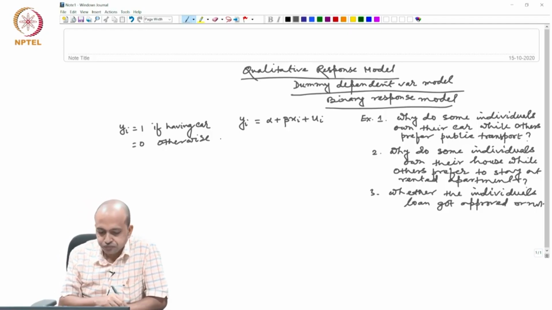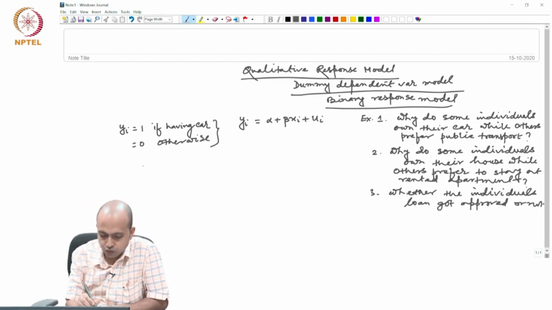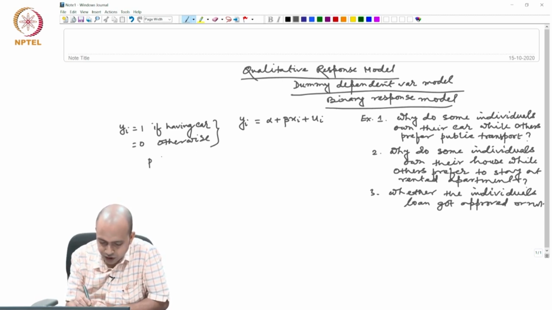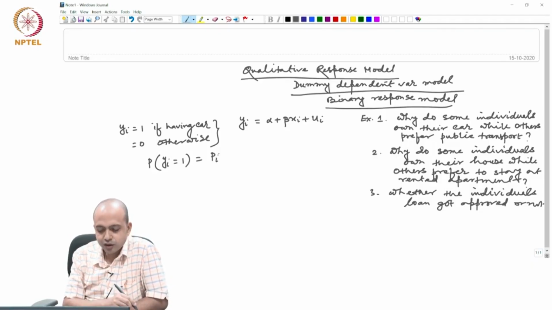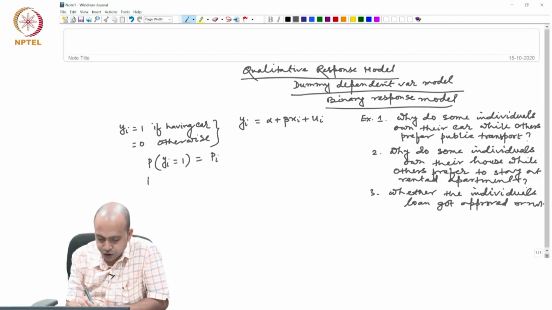Right. Now, let us also assume that probability yi equals 1 is denoted as pi, and probability yi equals 0 is denoted as 1 minus pi.